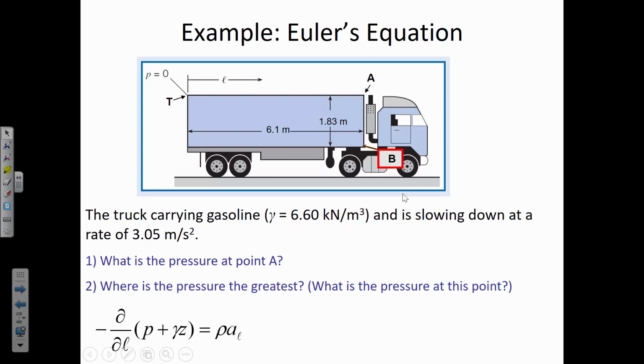And we want to know pressure at B. And that's where the pressure is going to be the greatest, because if you think about it, we just found that the pressure at A was 12,517, and then B is going to be even more because it's underneath it. So pressure is going to accumulate as you go down through the fluid. But Euler's equation will allow us to go from T to B, and it'll take the acceleration effect into account and also the vertical hydrostatic-like effect into account in the same single calculation.